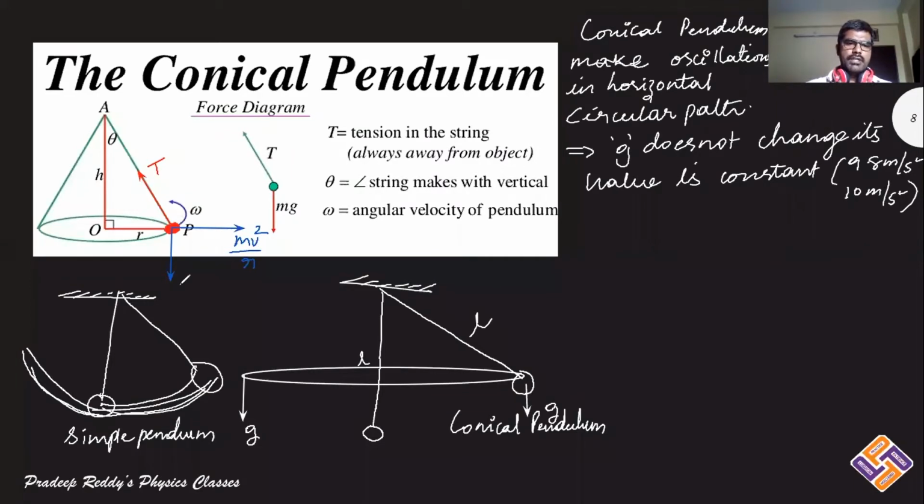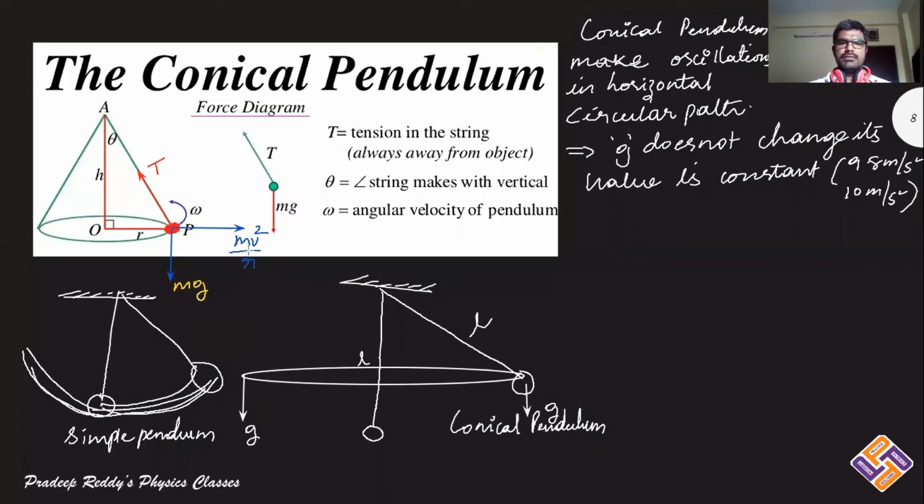In the downward direction there is the gravitational force mg and there is tension T. So there are three forces acting upon this mass: tension in the string, gravitational force, and centrifugal force. Now you can balance these forces.